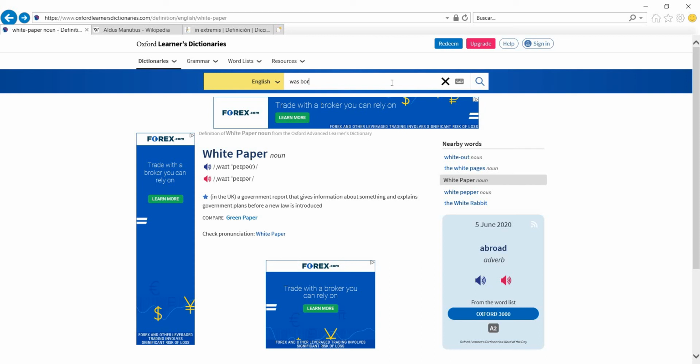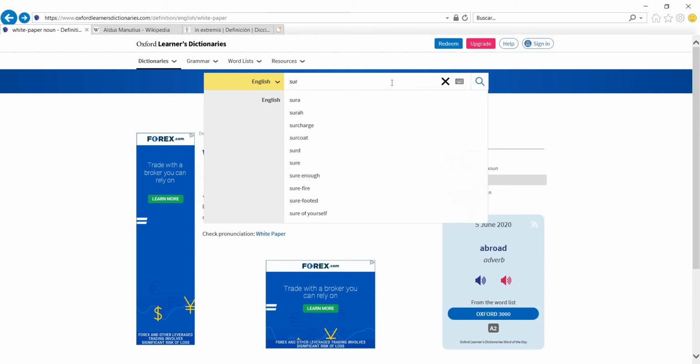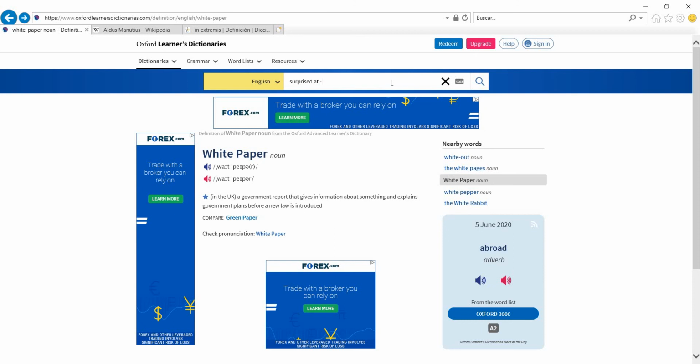Okay, and one more thing about the passive voice is that sometimes you get other prepositions, instead of by. Yes, you may be surprised at someone's behavior. You may be hit with a hammer. You may be disenchanted with someone.